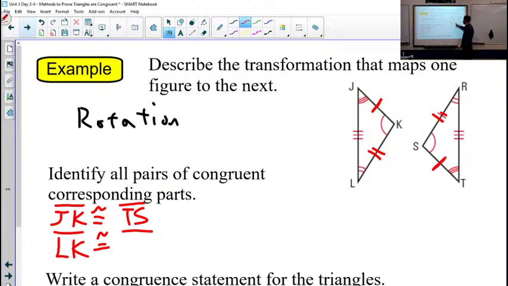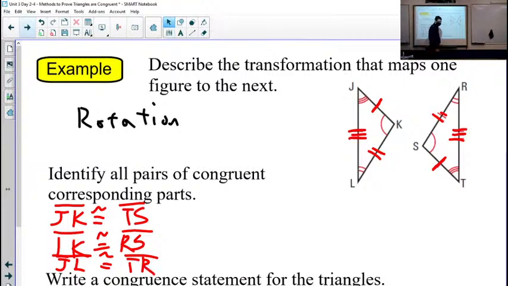L to K needs to match up with R to S. And last one, I have my 3 tick marks, which is J to L. And J to L, 3 marks, should match up with 3 marks over here: T to R. So there's our 3 pairs of sides that have to be the same.